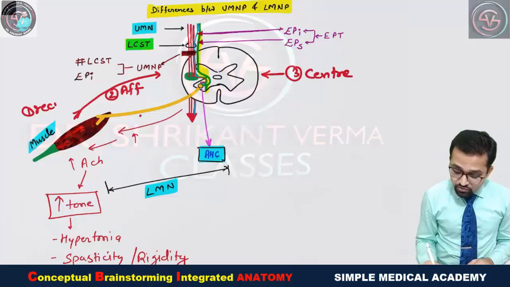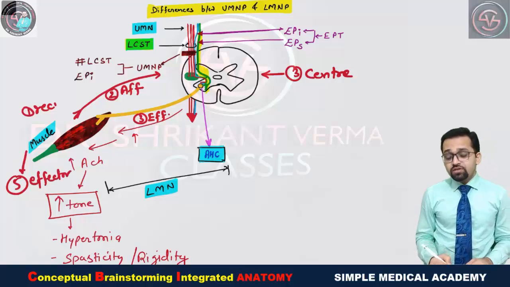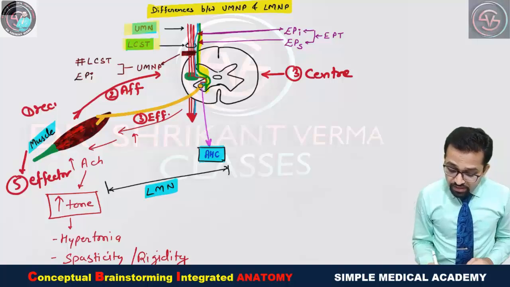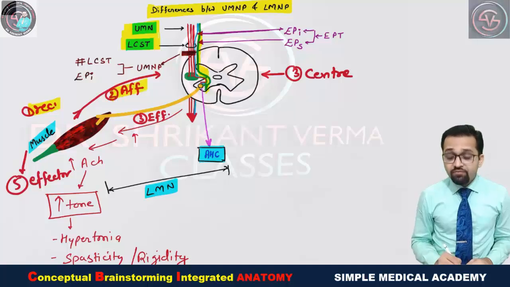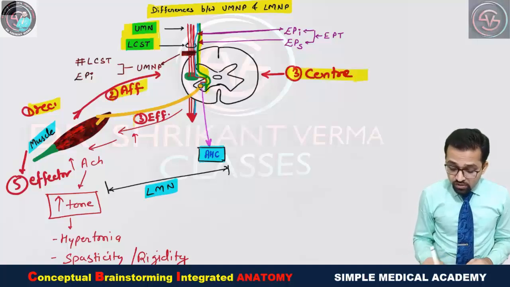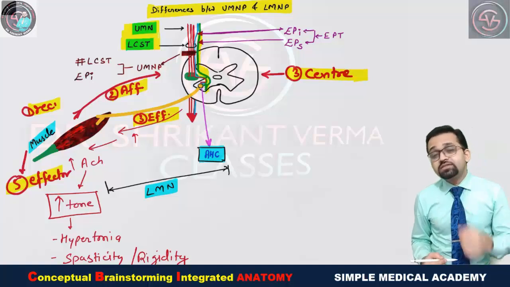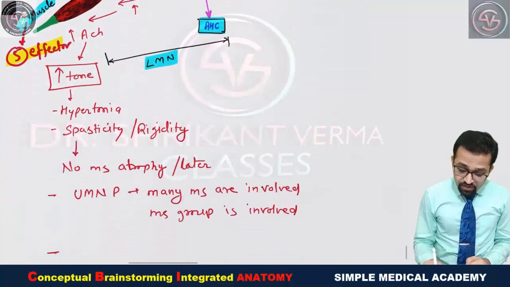Fourth is the efferent, so this nerve acts as the efferent, and the last one is the effector, which is the muscle. Getting the point? So when there is damage in upper motor neuron paralysis, there is no damage to the receptor, the afferent nerve, the center, the efferent, or the effector, because the lesion is above this reflex pathway. That's why the reflex will be normal.